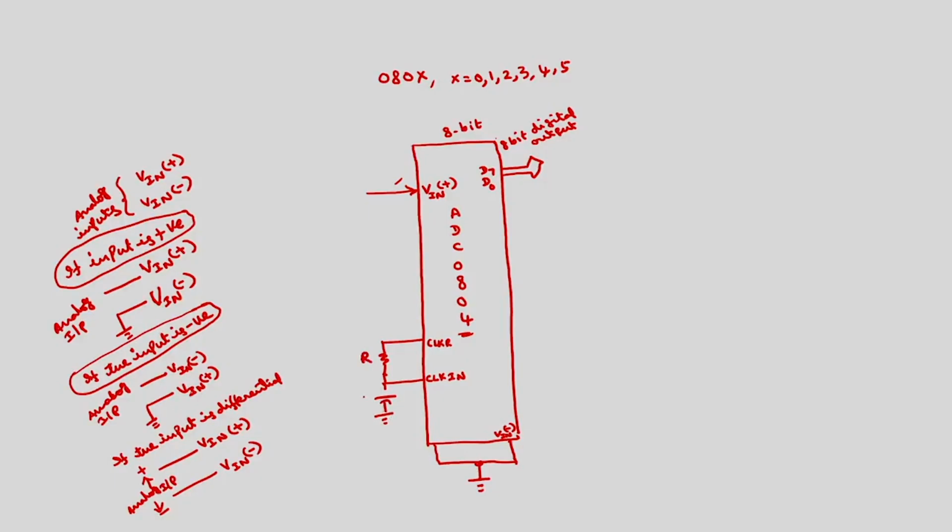If this is R and this is C, then the frequency is equal to 1 by 1.1 RC. By properly choosing these R and C values, we can find out the frequencies.